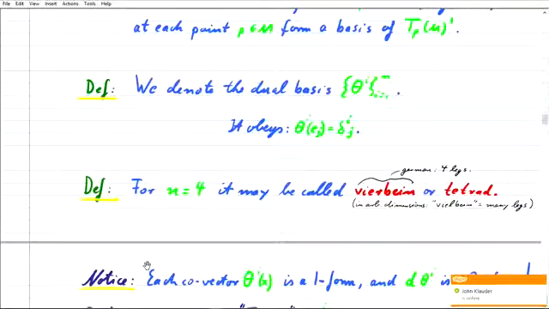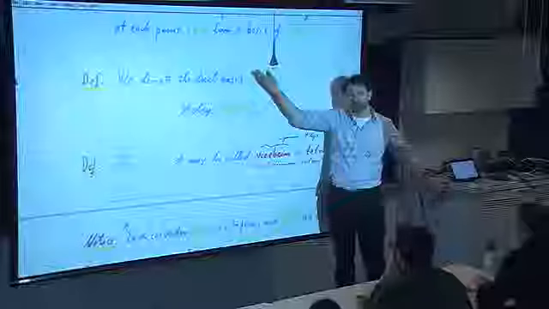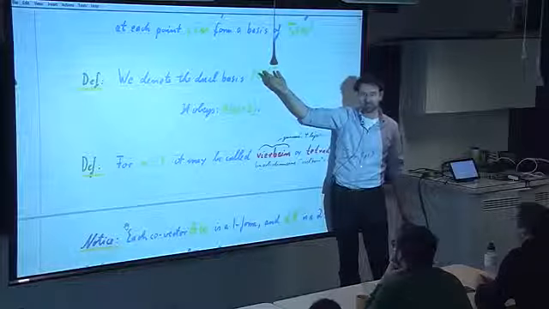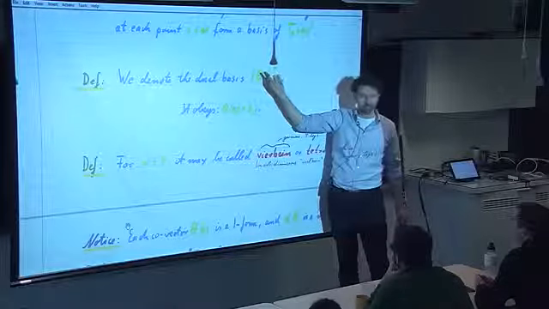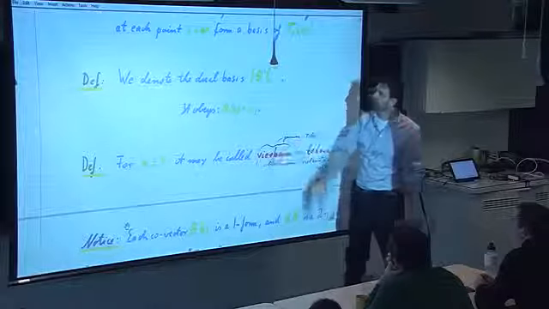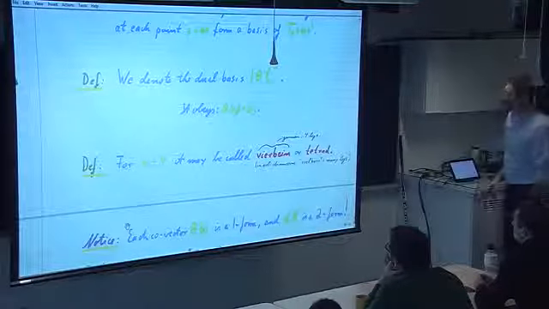The reason why we will work more with the basis of the cotangent vectors than the tangent vectors is that the cotangent vectors are also one forms, and therefore differential forms, and therefore you can do all sorts of things with them, like taking the exterior derivative, like taking wedge products of them, and so on. That's why these are a little bit more useful than the basis of the e_i.